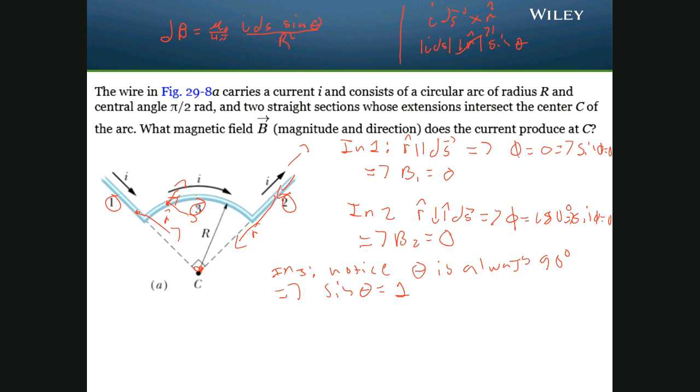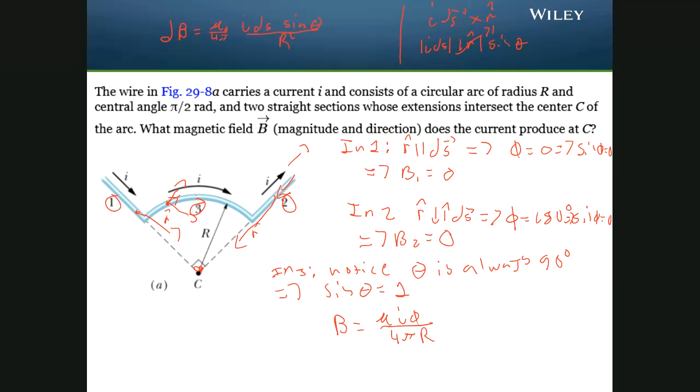And we can then use our arc. B will be equal to mu naught I phi over 4 pi r, right? We can look that up from before.